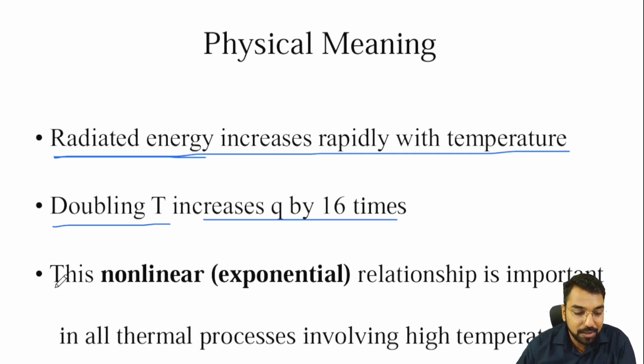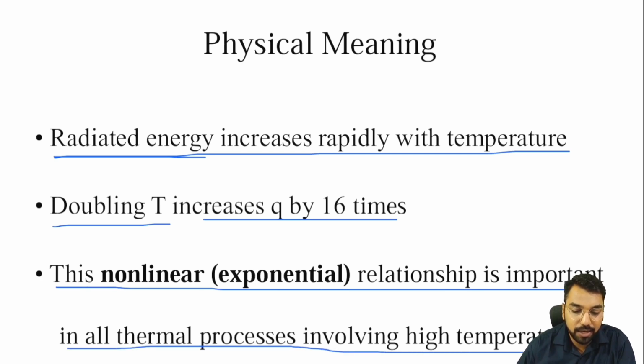This non-linear relationship is important in all thermal processes involving high temperatures. As we have seen in conduction, the temperature gradient is linear, in general with a downward slope, but if we reverse the condition we can have an upward slope, and for a constant slope there should be uniform heat transfer.